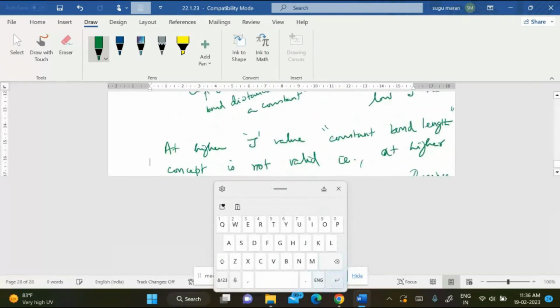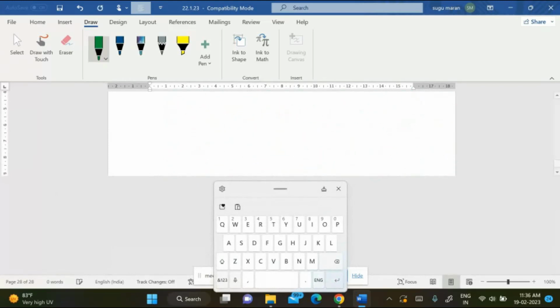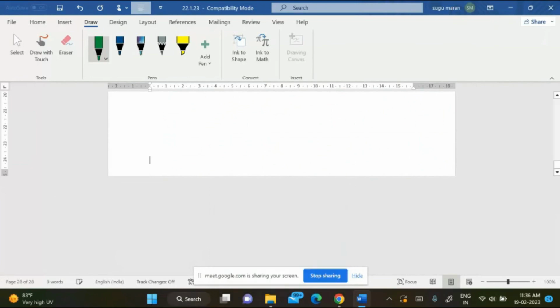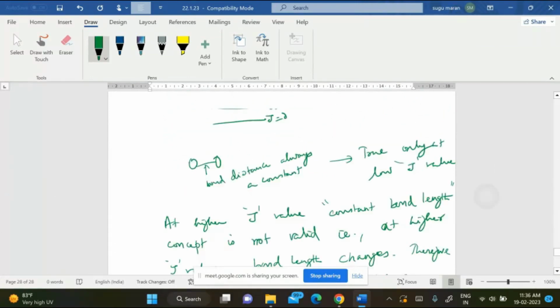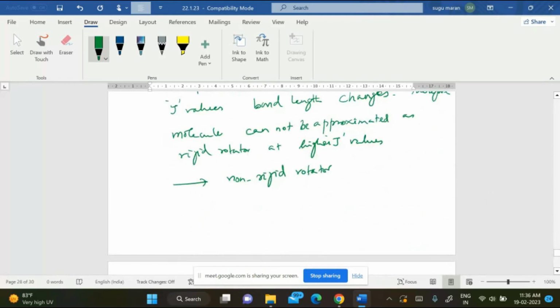So this is the assumption, this is the approximation, this is the new way of looking at the molecule.